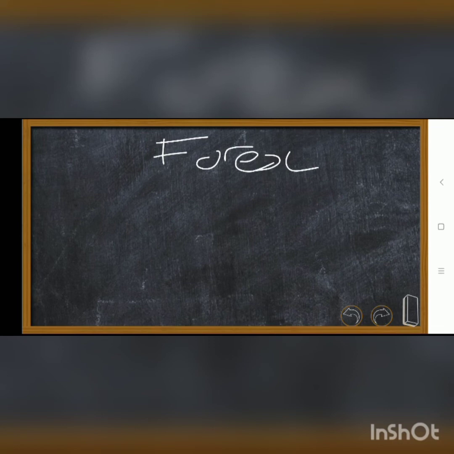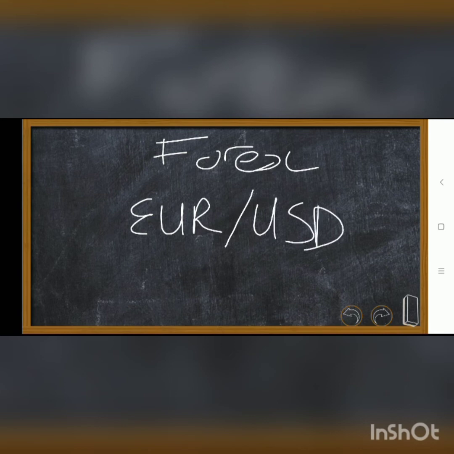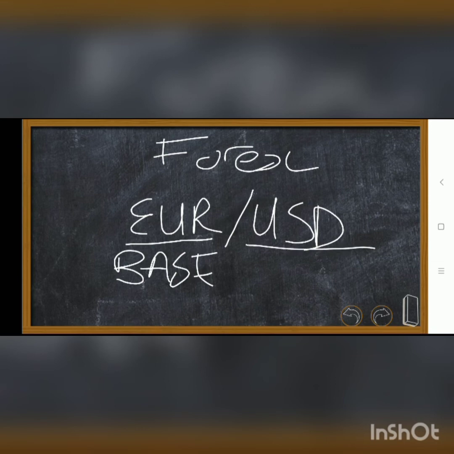We will have the euro against the USD. This is just like the bread and money situation. This will be your base currency. This will be your code.